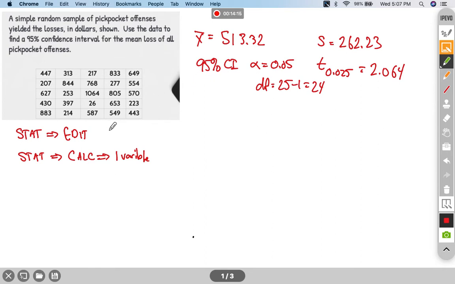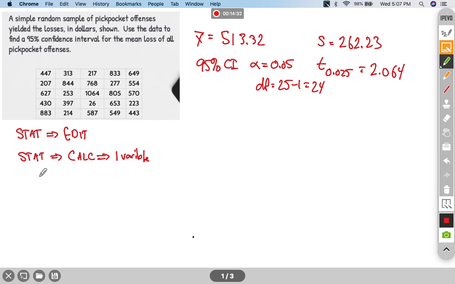But another thing we talked about were outliers. So we're going to look and see, are there outliers with this set of data? Because again, the easiest way to do this is to look at the box plot.